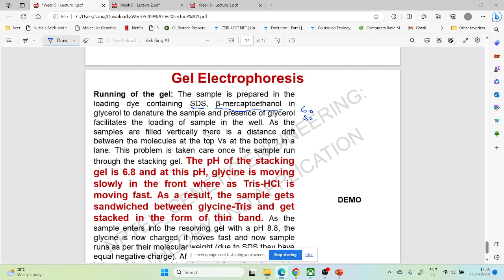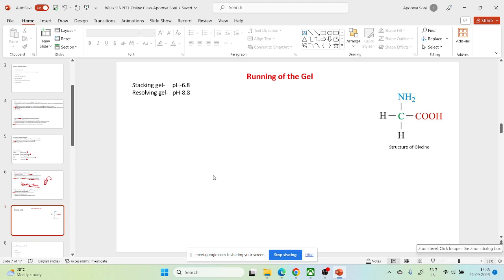Now, the difference here is that the pH of the stacking gel, here I have written, is 6.8, whereas the pH of the resolving gel is 8.8. But how can this difference in pH make such a drastic change that your sample is stacking in the stacking gel and then separating in the resolving gel?